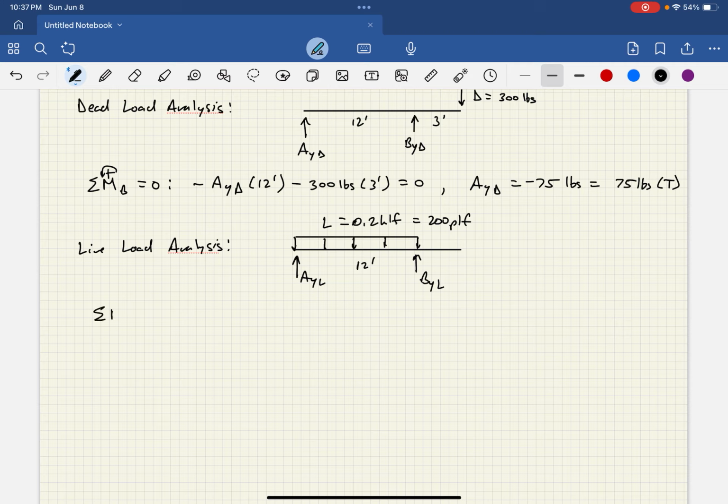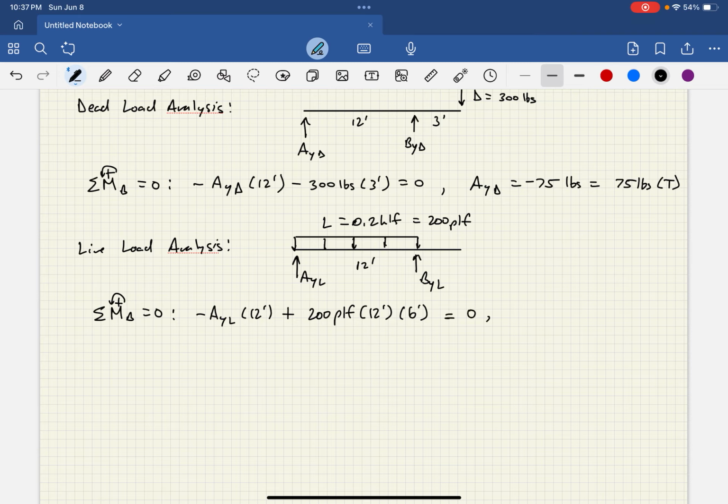So I'm going to say sum of the moments about B equals 0, counterclockwise positive, negative AY live times 12 feet, plus 200 PLF times 12 feet times 6 feet equals 0.